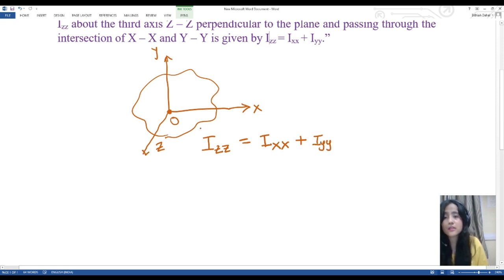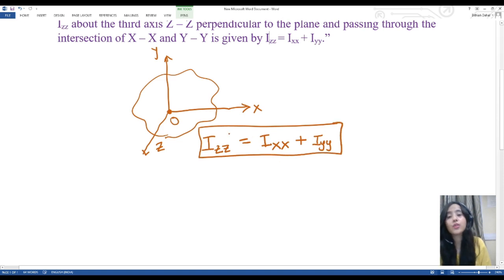So in simple terms, if I want to find the moment of inertia about the third axis Izz, I simply add the moments of inertia about the x axis and y axis, and I get the moment of inertia for the z axis.